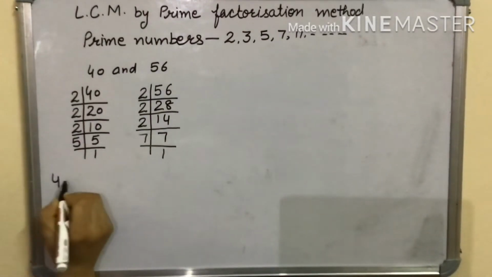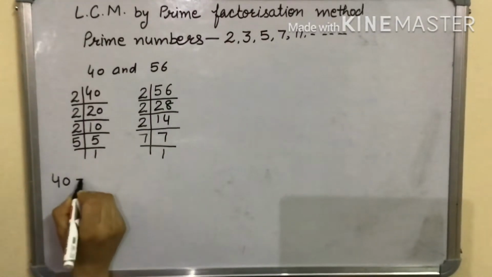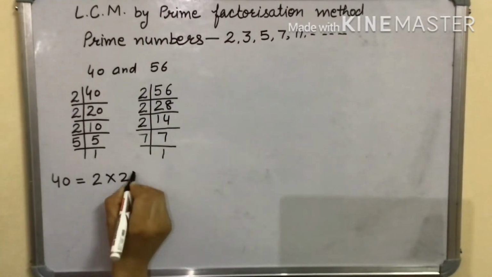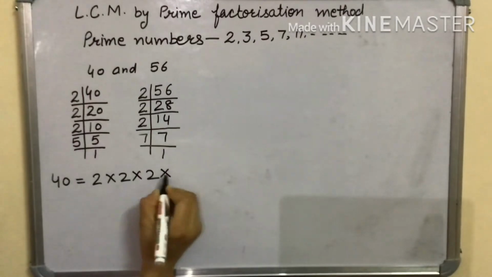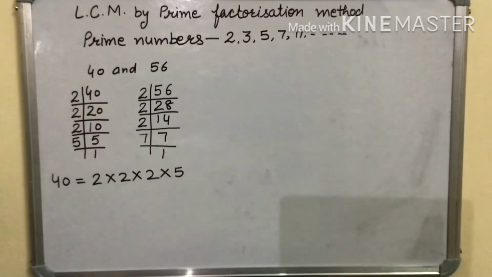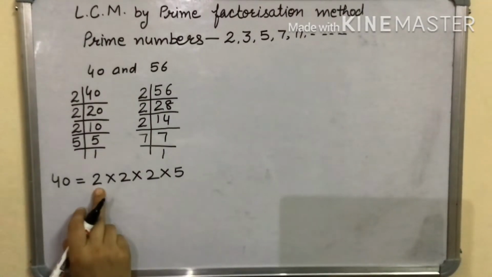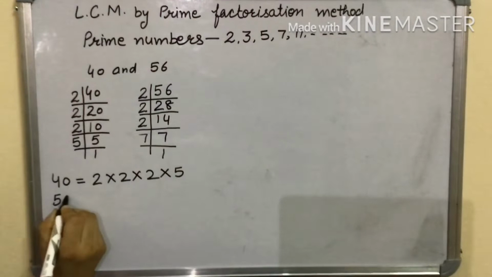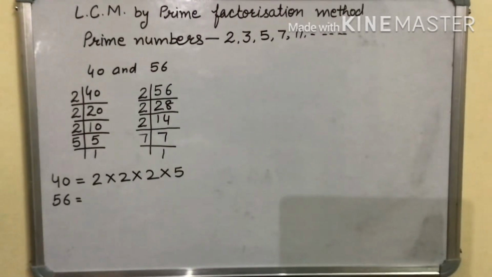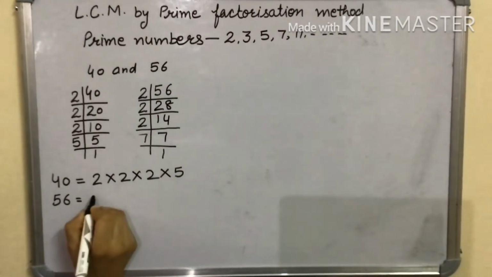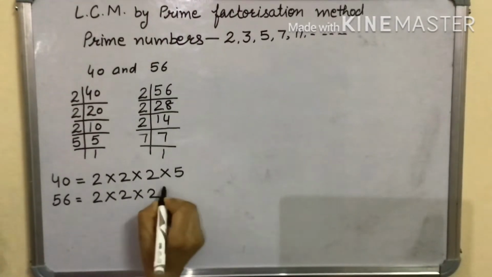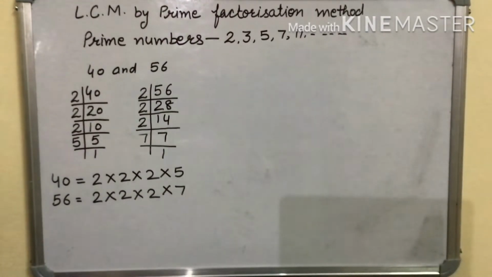Now, make a list of factors. 40 is equal to 2 into 2 into 2 into 5. Here, we get 2 three times and we get 5 one time only. Factorize 56. In the 56 factors we get 2 three times and 7 one time.